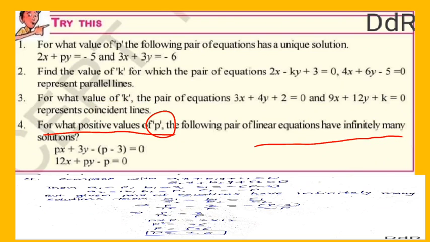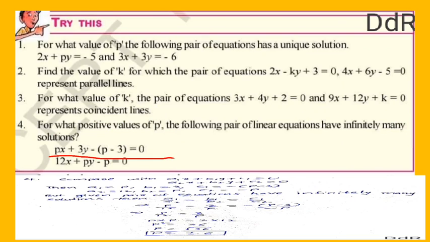What are the given equations? Px plus 3y minus (p minus 3) equals 0. Second equation: 12x plus py minus p equals 0. Let us start the answer.